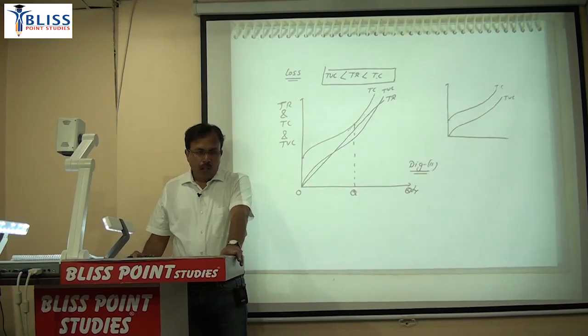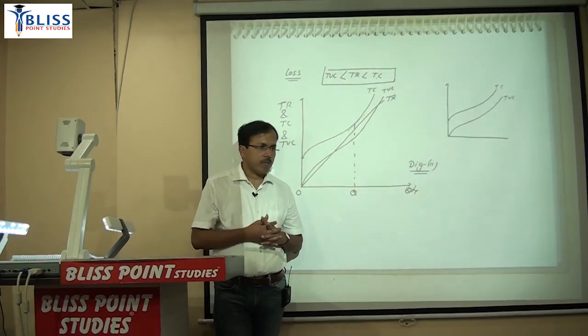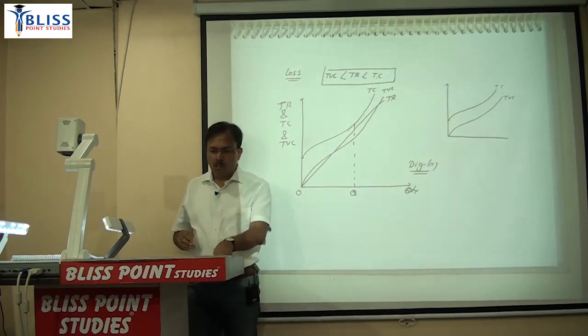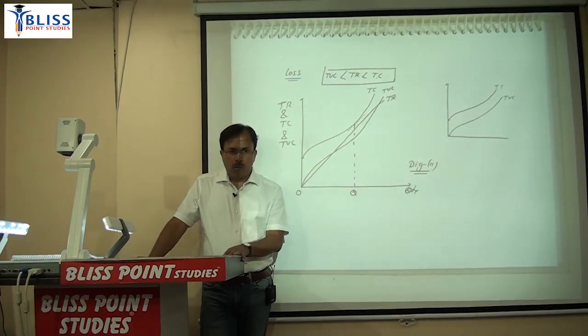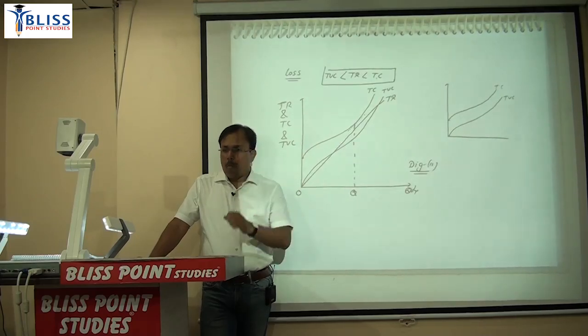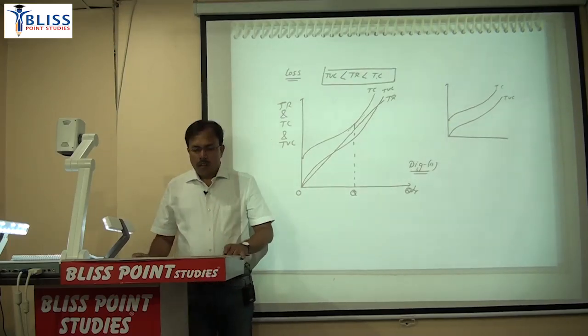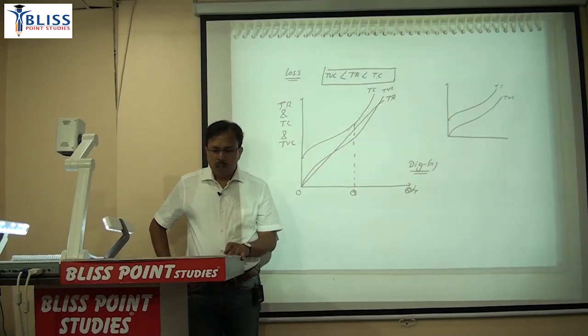But the firm may continue to operate. Firm may continue to operate despite loss if total revenue is greater than total variable cost, because in that situation the firm will earn operating profit.